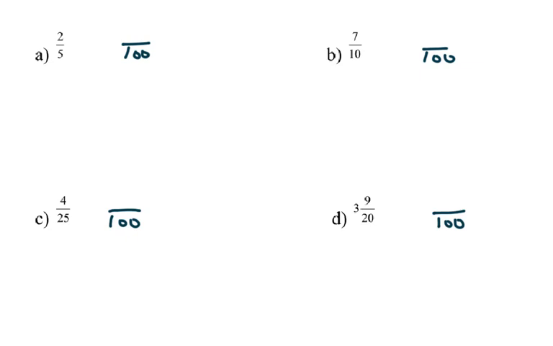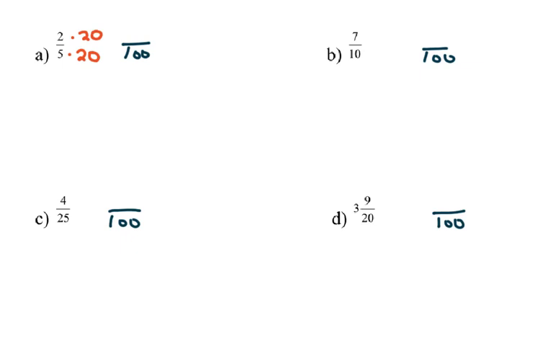In the first one, to go from 5 to 100, we are going to multiply by 20, because 5 times 20 is 100. If we multiply the denominator by 20, we must in turn multiply the numerator by 20.